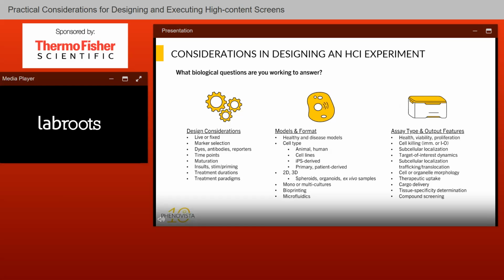One of the very first things to decide is, what models are you going to consider? Do you think this needs to be a live cell assay or a fixed assay? There's implications.